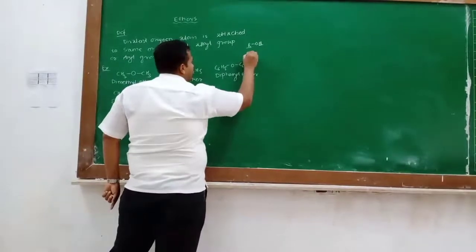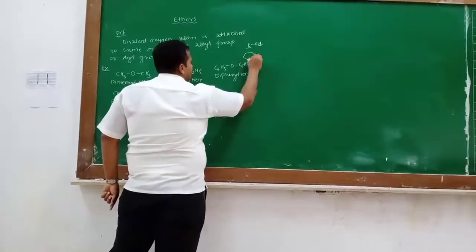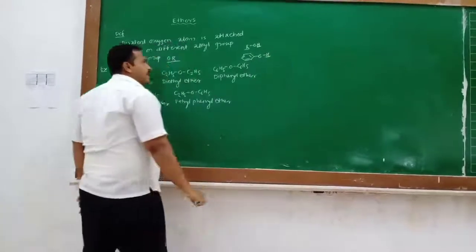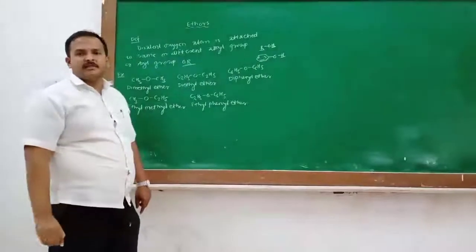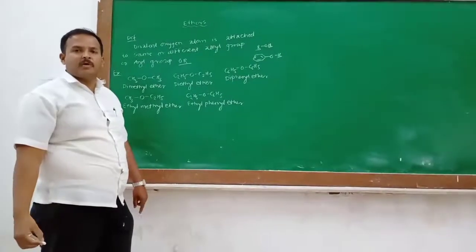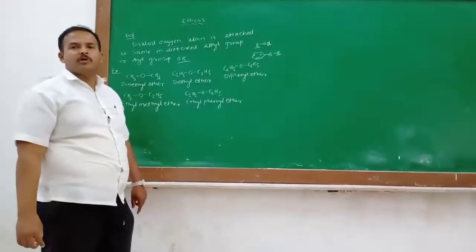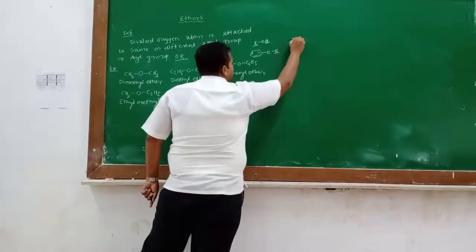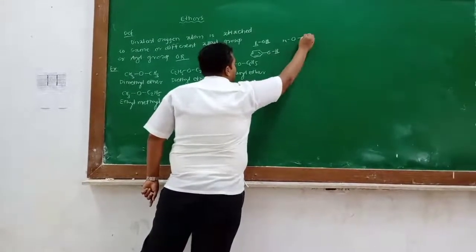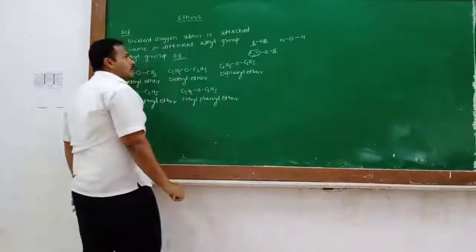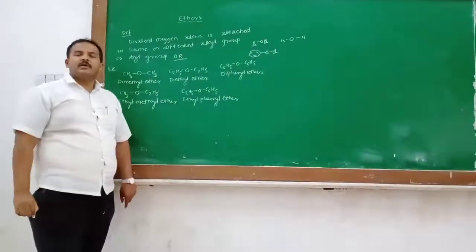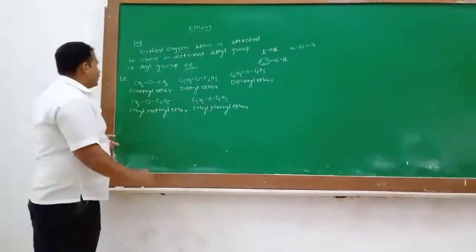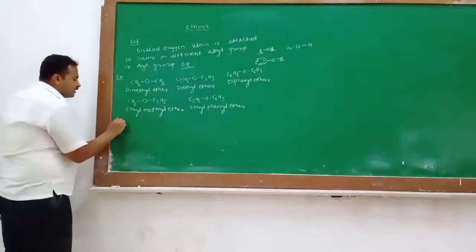In the case of phenol, this H is also replaced by an alkyl group or aryl group, and the new compound formed is an ether. It is the third definition. The fourth definition: in water, the two hydrogen atoms of an oxygen are replaced by two alkyl groups or aryl groups. These are the ethers. Okay, it is a definition.